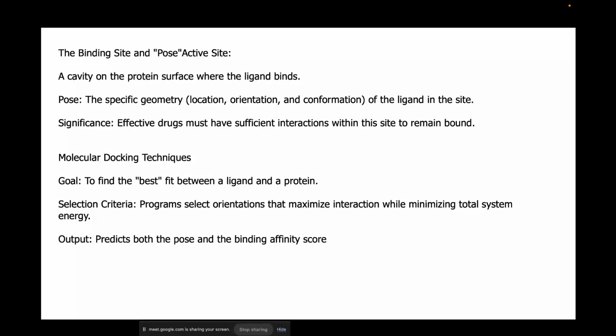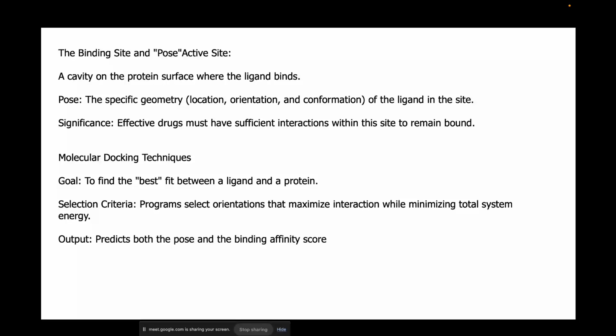Okay. Now we are going to talk very briefly about the different interactions between ligand and receptor, or ligand and substrate, whatever you want to call it, right? So there are two sides in the ligand.